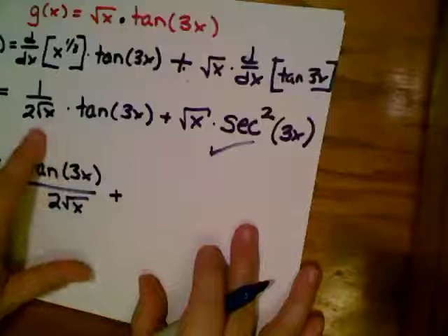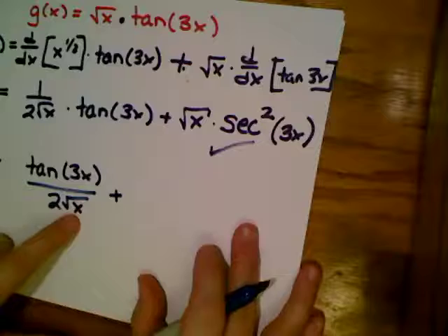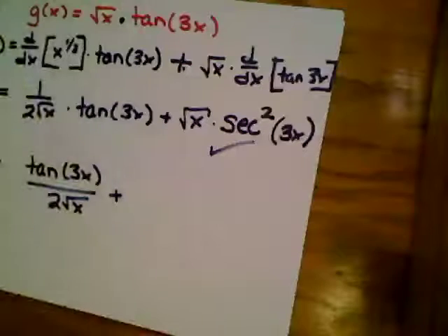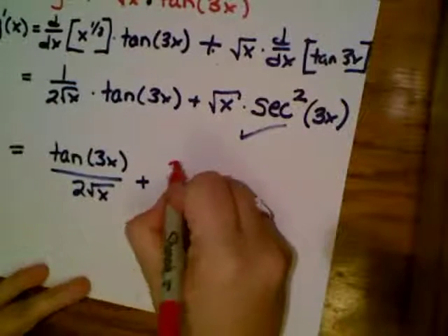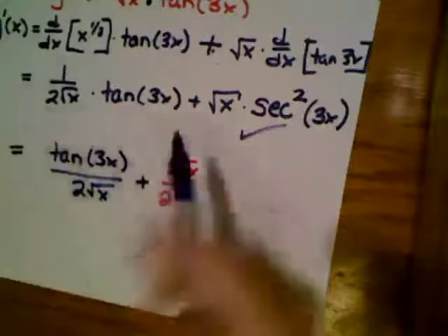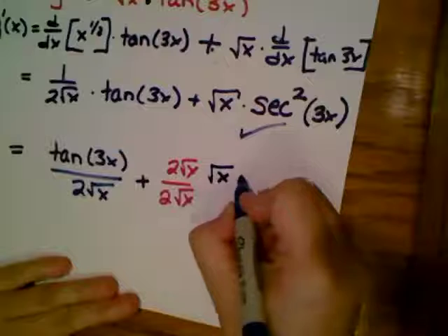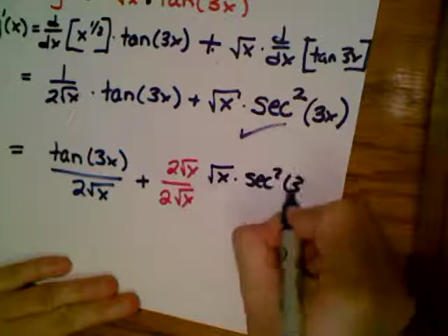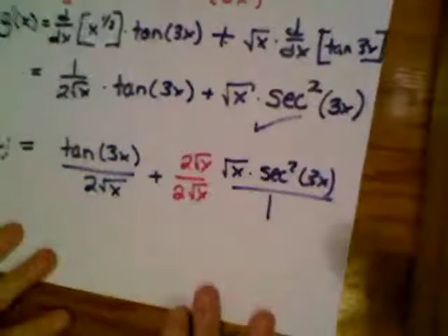I notice this first term has a denominator of 2 square root of x. So just by experience, I know it might be helpful to rename the second term, which can be thought of as the square root of x secant squared of 3x all over 1.